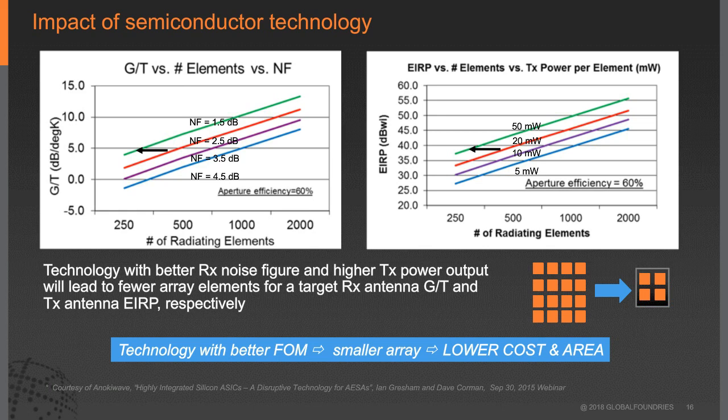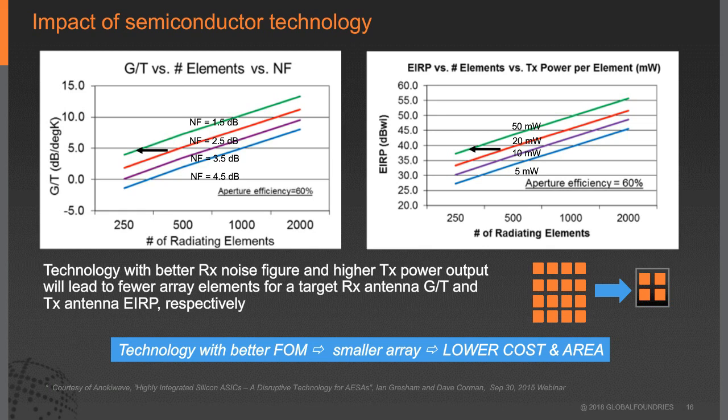So the performance of semiconductor technology with reference to the power amplifier output power and the low noise amplifier noise figure determine the array size needed to meet the system requirements. And this is what I'm going to show you in this slide by a couple of examples.